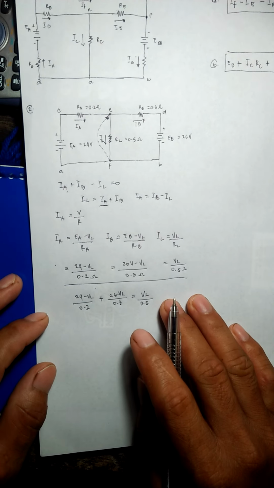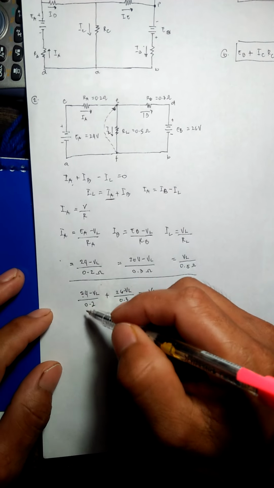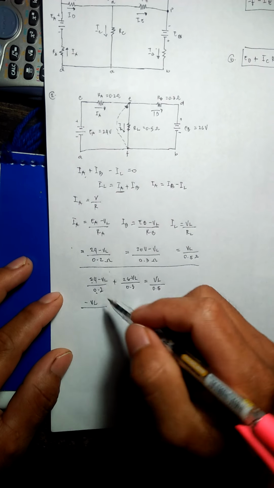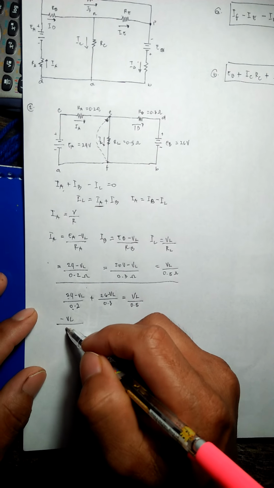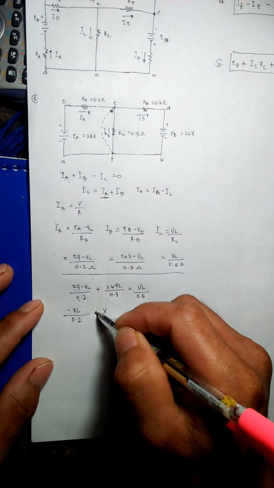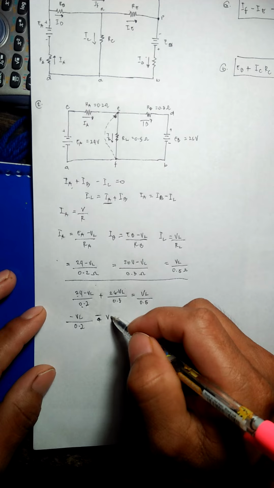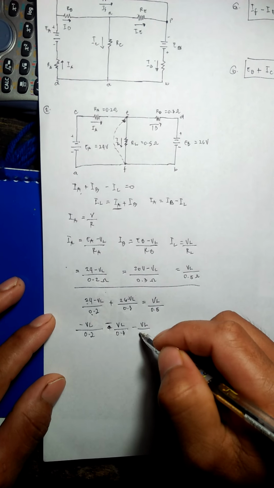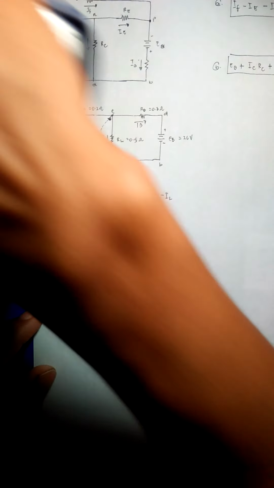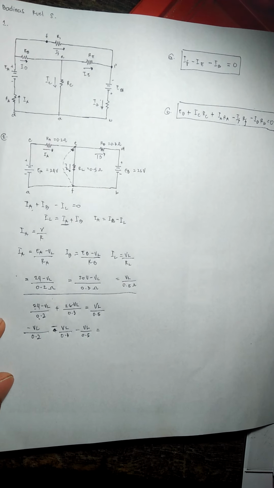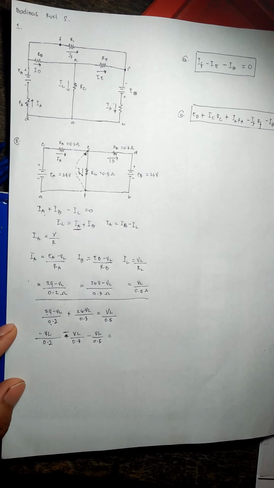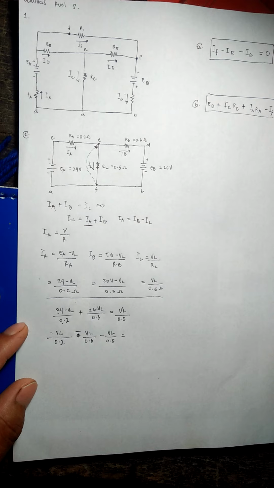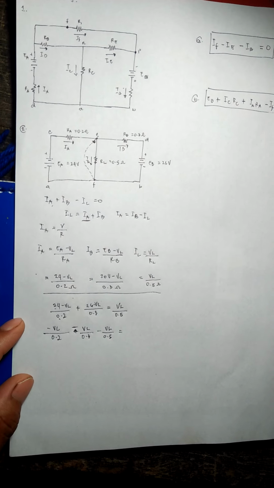When we divide the whole number and transpose, VL will not be cancelled, it will be transposed to the other side. So minus VL over 0.2, minus VL over 0.3, minus VL over 0.5 equals negative 24 divided by 0.2, which is 120, plus 26 divided by 0.3, which is 86.67.